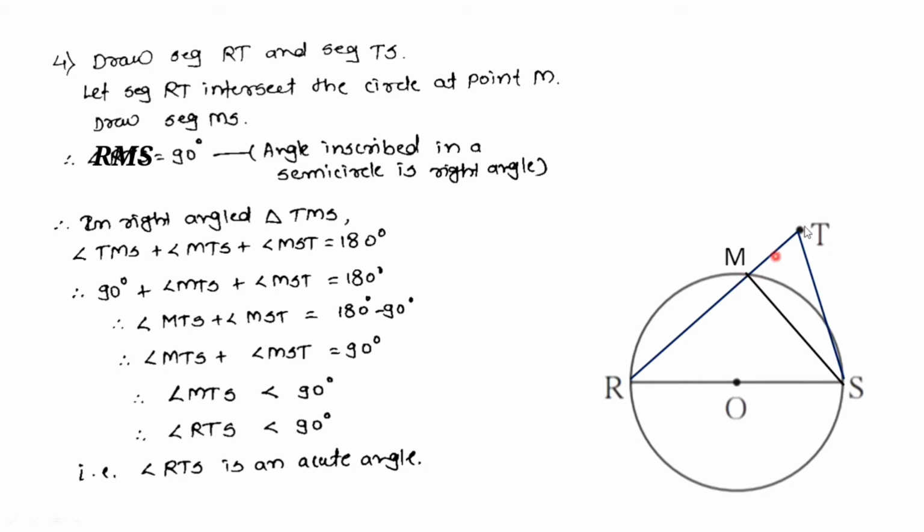That's why angle MTS is less than 90. And for angle MTS, we can have another name, angle RTS, as R, M, and T are collinear points. So as the measure of angle RTS is less than 90 degrees, angle RTS is an acute angle. So that is what we wanted to prove.